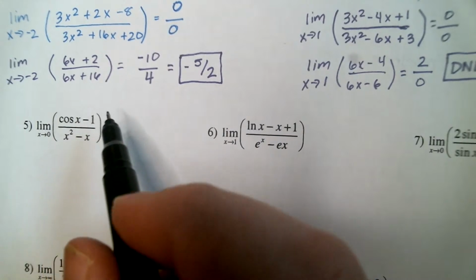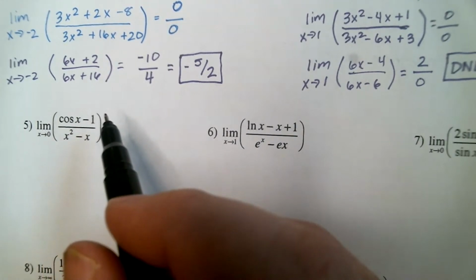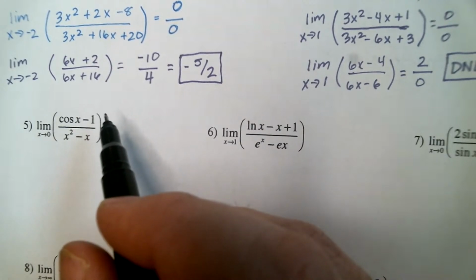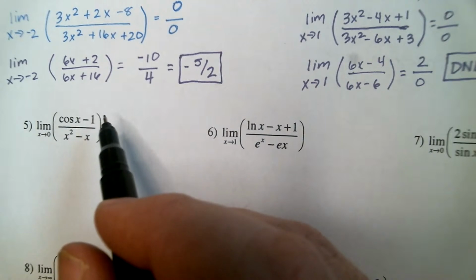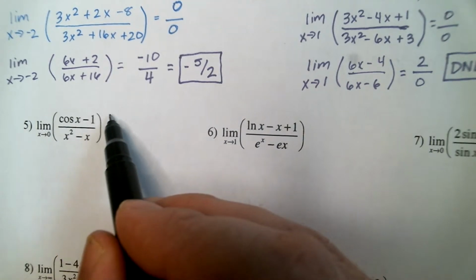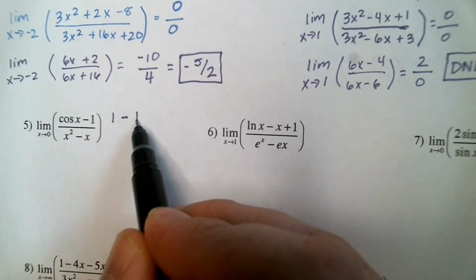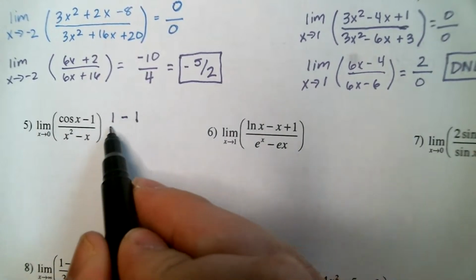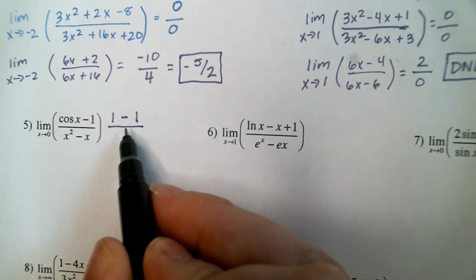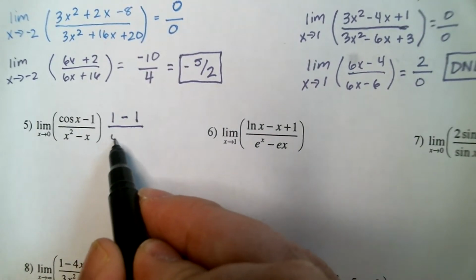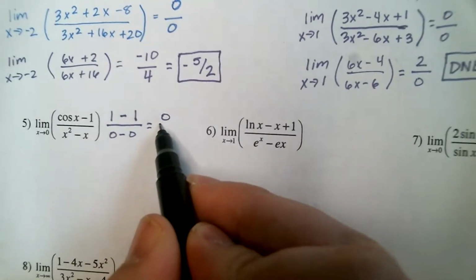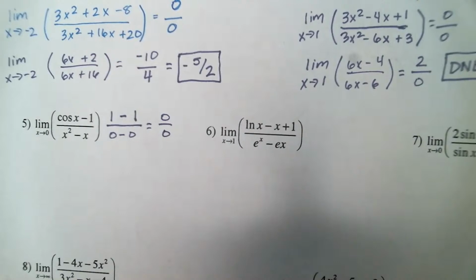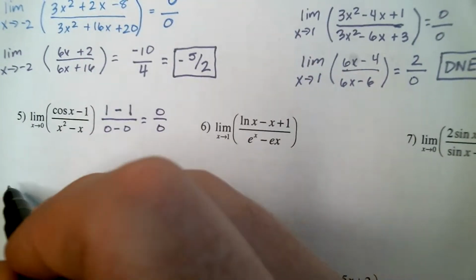Cosine of 0 is what? Yeah. 1 minus 1 over, obviously 0 minus 0 would take us to 0 over 0. Okay? So then that means let's take the derivative.